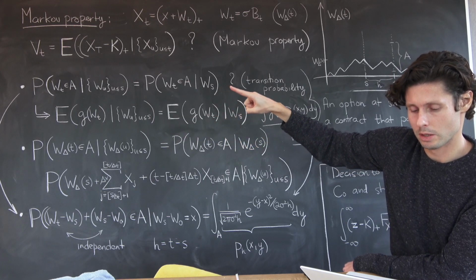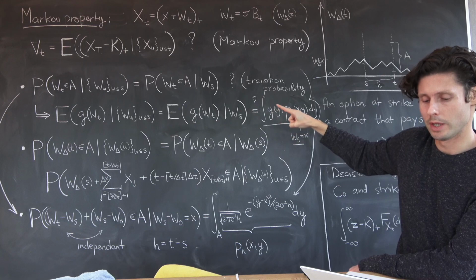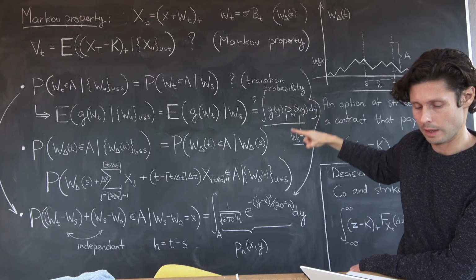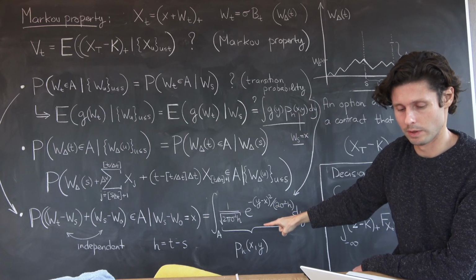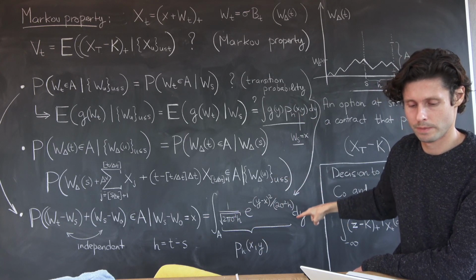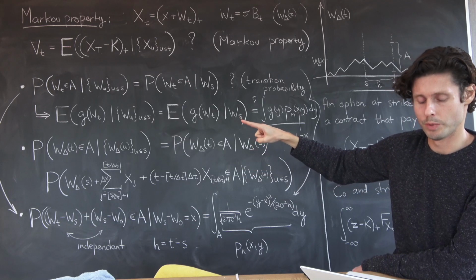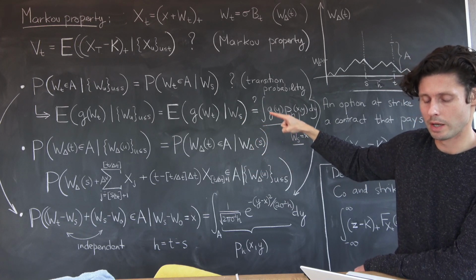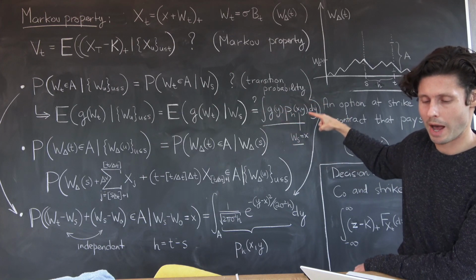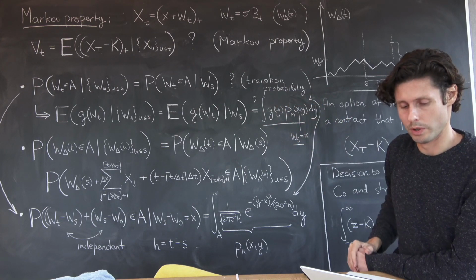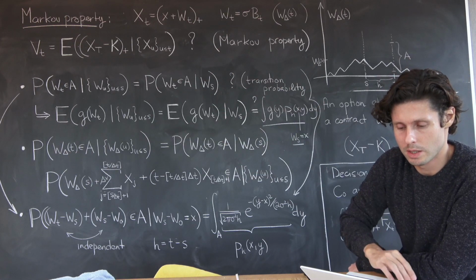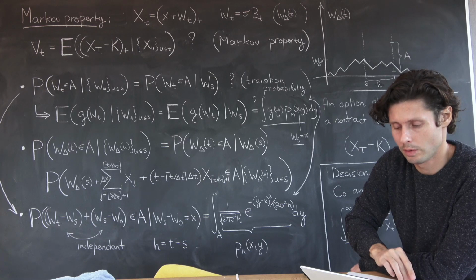And this conditional probability can further be evaluated against this transition probability kernel, and that transition probability is given by a normal density. So now computing these things is not a big deal, or at least we have a clean path to computing them numerically. And then the same thing would hold for applications such as the options contract that we've been discussing.